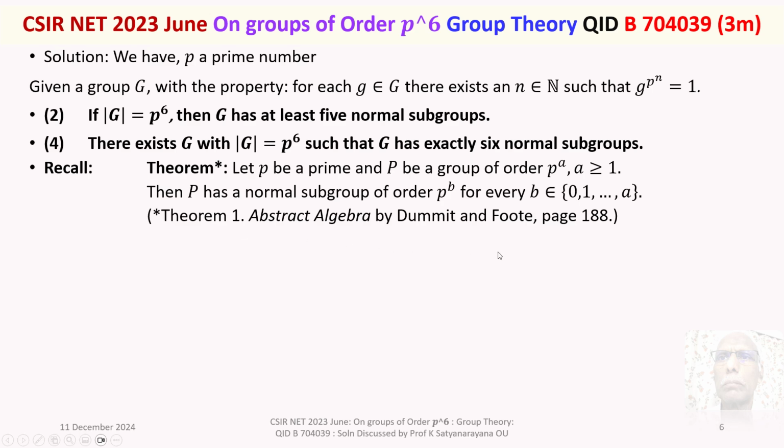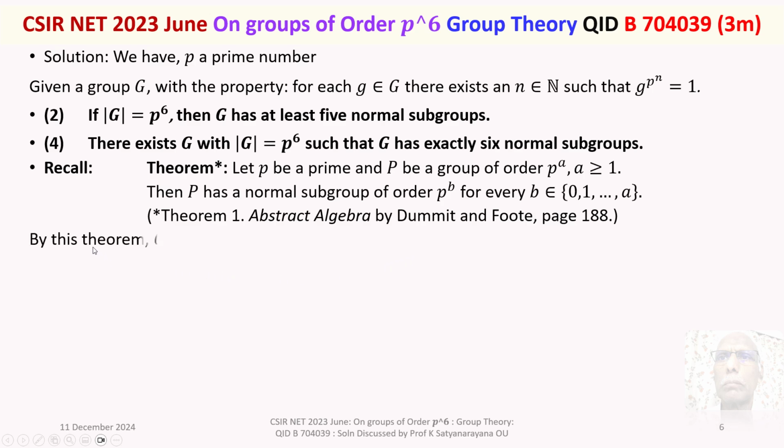This theorem appears on page 188. It can otherwise also be proved using proof by induction. But this theorem, honestly speaking, is not known to many. So use this theorem now.